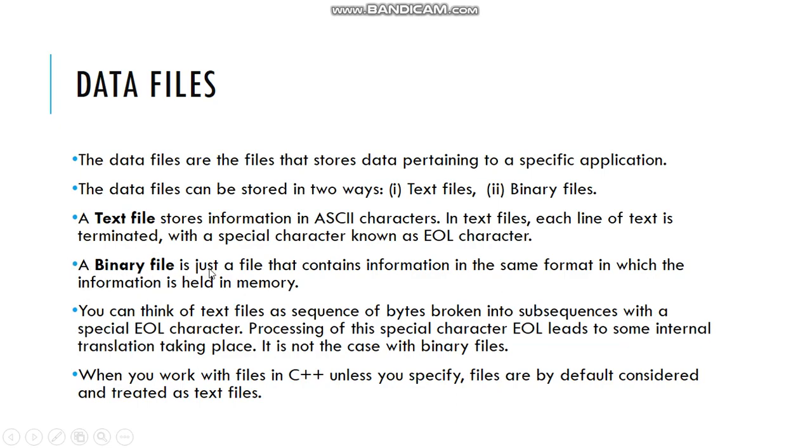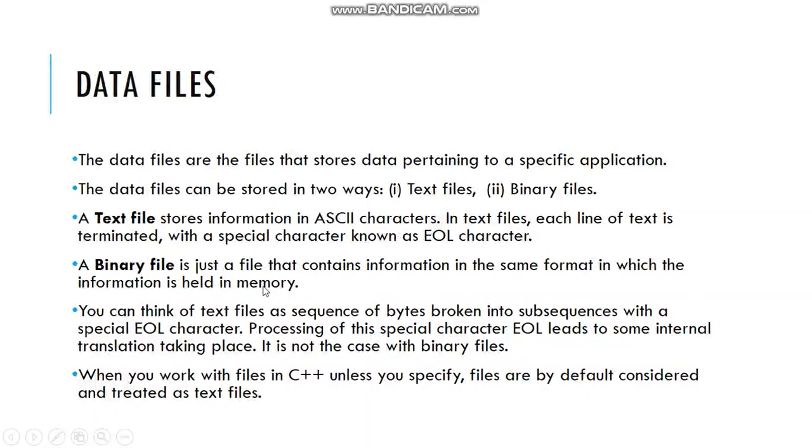A binary file is just a file that contains information in the same format in which the information is held in memory. So it stores its value or data in 0 or 1 format, which we can say is a binary file.